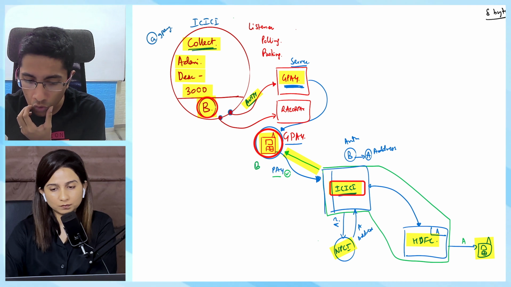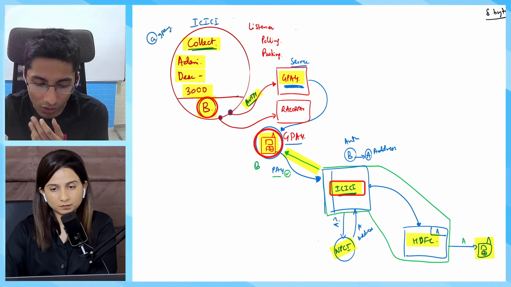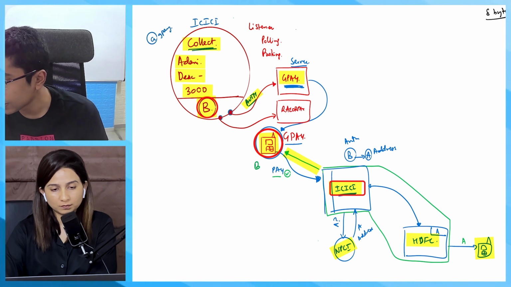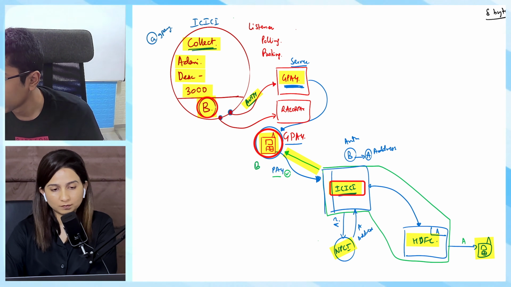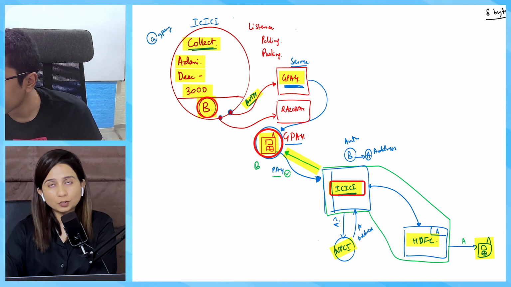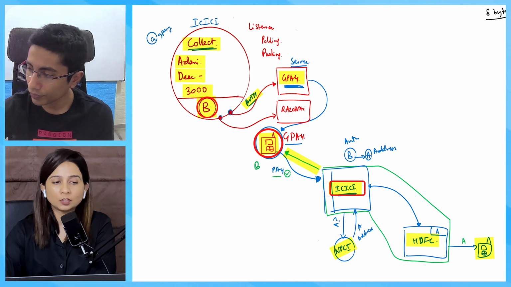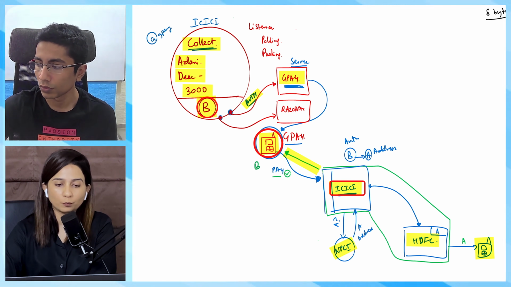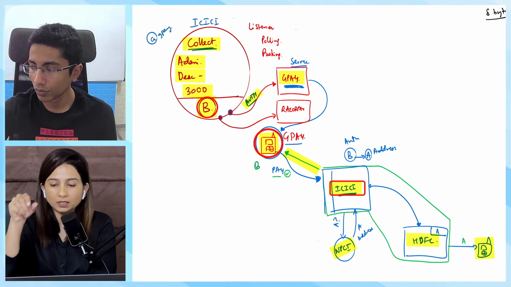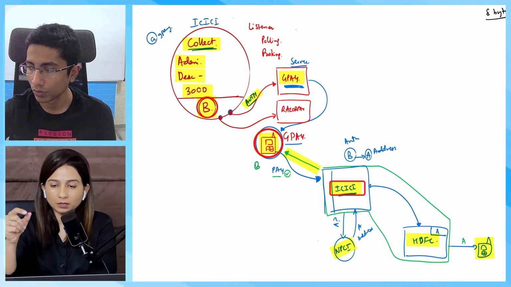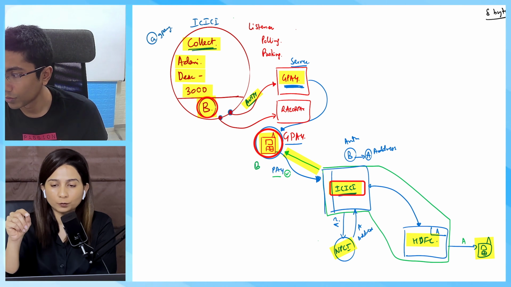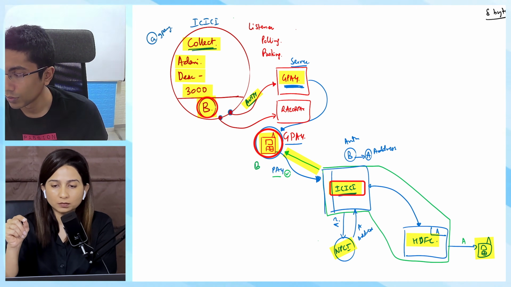ICICI somehow needs to know, or somebody needs to know where B is, because this request has to go on somebody's mobile. How do I know that this is the right thing? Sorry, you are forgetting the part that somebody's mobile is actually using an application that is being managed by one of the payment service providers.